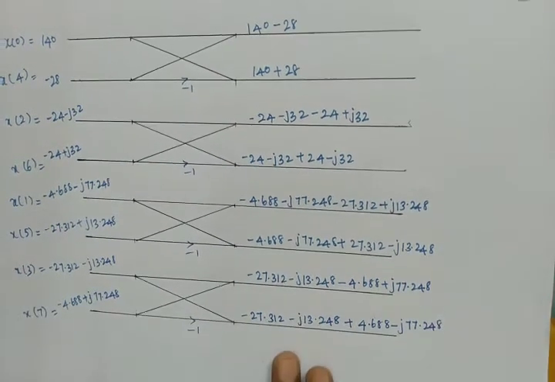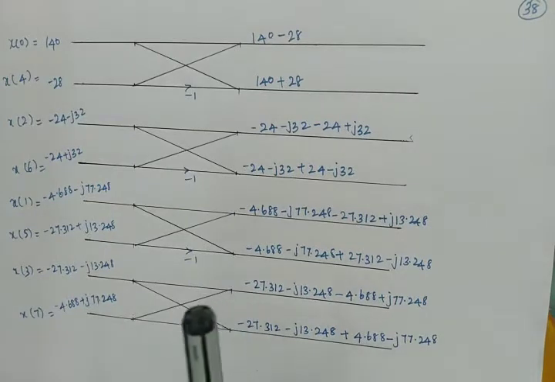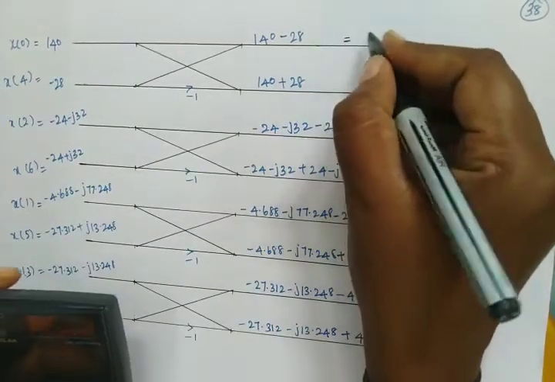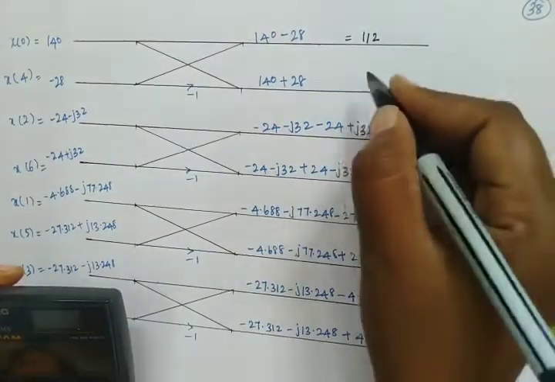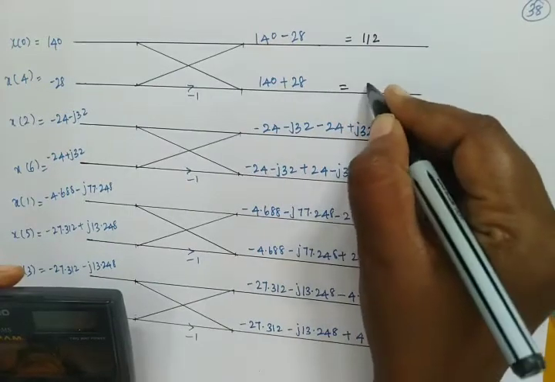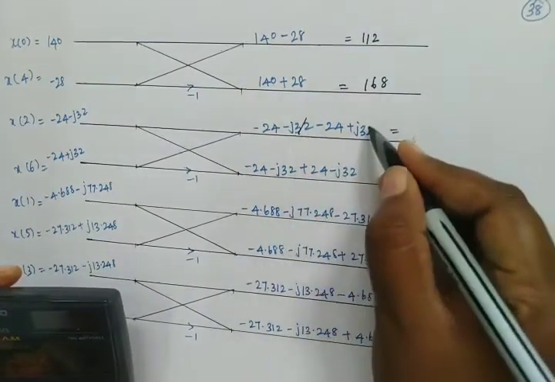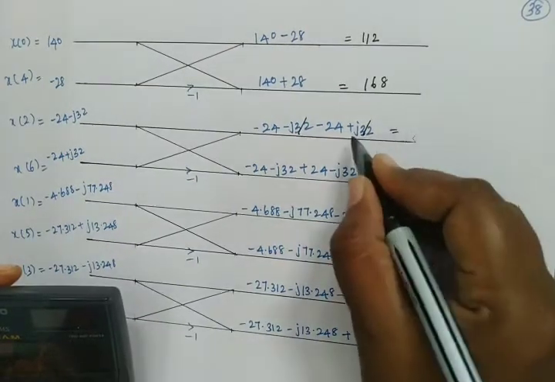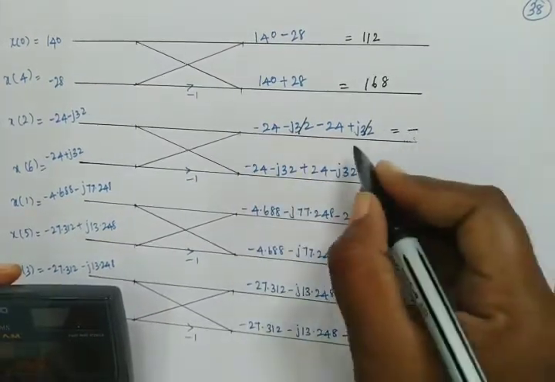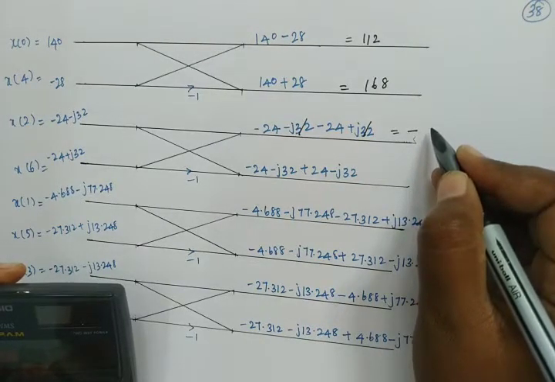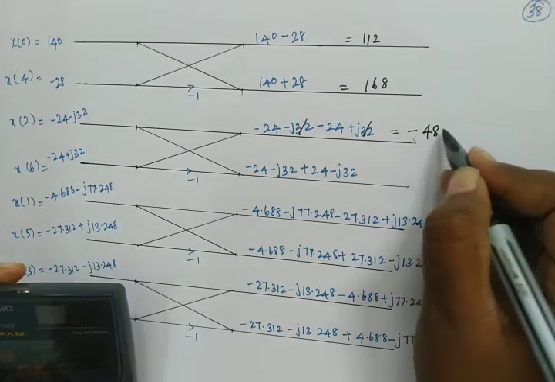Now what we have to do? The next one is to write the answer for this. What is 140 minus 28? That will be equal to 112. And 140 plus 28 is 168. And here plus j 32 minus j 32, and here minus 24 minus 24, so that is minus 48.